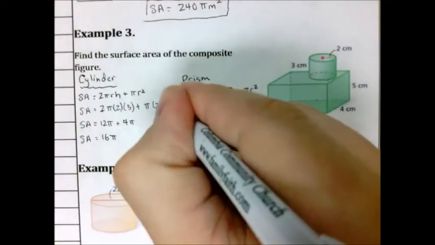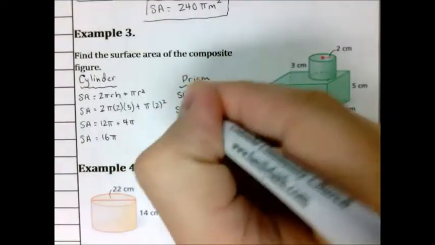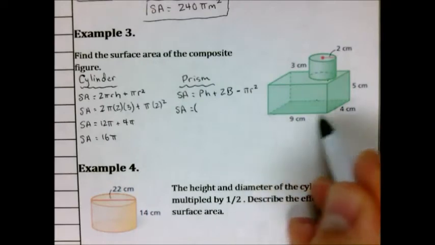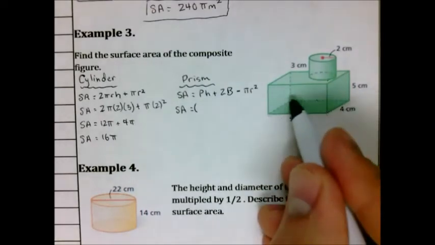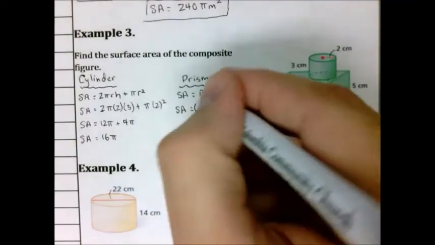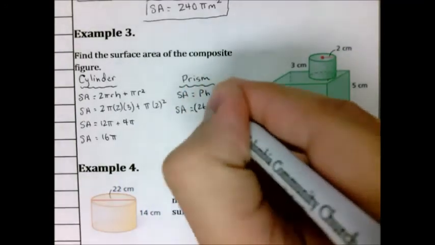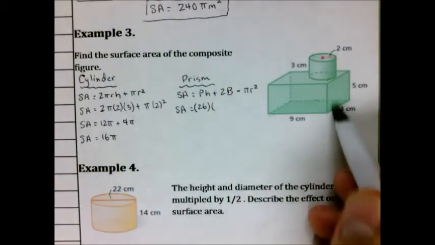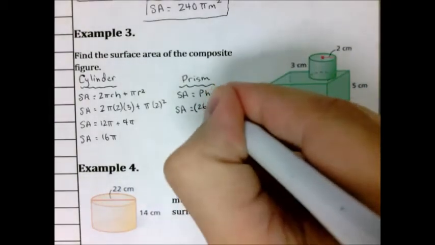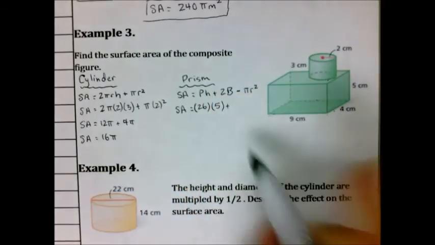We've got surface area is equal to our perimeter, and our perimeter is going to be 9 plus 4, which is 13, plus 9 more plus 4 more is going to be 26. Okay, times our height. Our height is 5 centimeters. So we're going to multiply that by 5, plus 2 times our base.